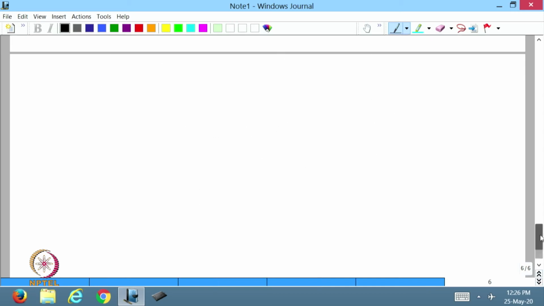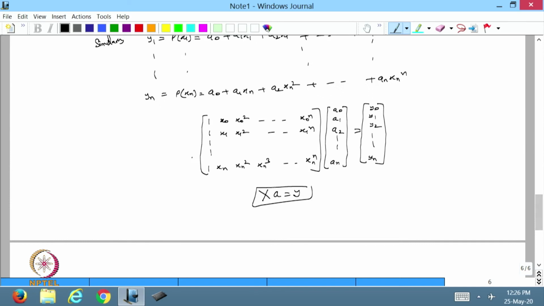Now, this matrix that we are getting has a special name, and it is called the Vandermonde matrix.